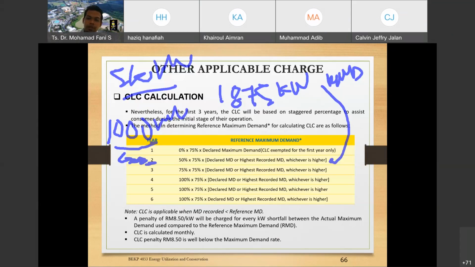So what's the difference between the RMD and the maximum demand for that month? 1,875 minus 1,000, so the balance is about 875 kilowatt, isn't it? Right?